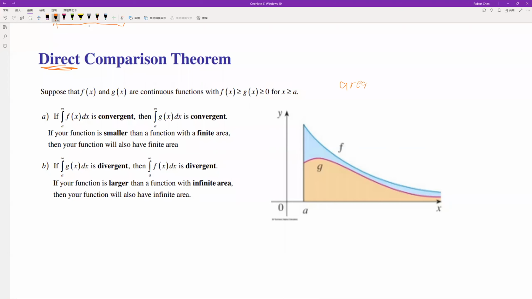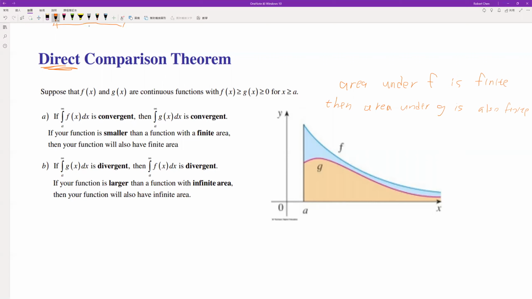So let's say we can show that the area under the curve f is finite. If the area under f is finite, meaning that it's some number, a constant that we can represent the area under f, then the area under g is also finite, right?